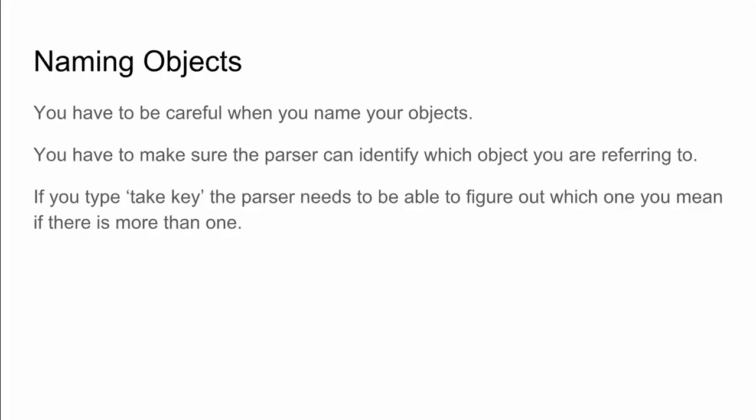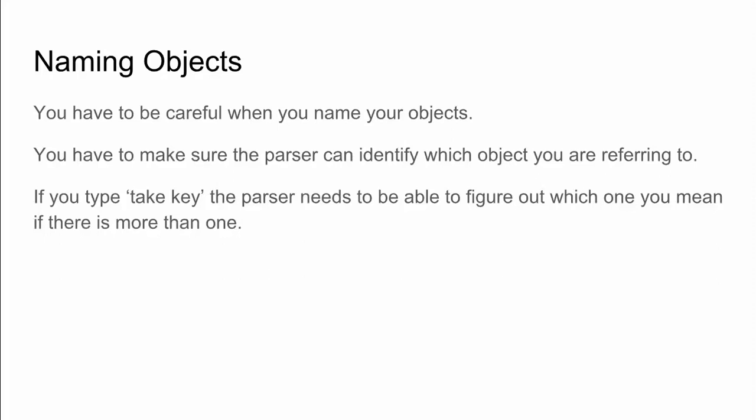All right, what else? Now you have to be very, very careful when you name your objects. You can't be lazy about it because the parser, which is the part of the program that looks at the words you've typed and tries to map those words to specific objects in the game, has to be able to figure out which object you're talking about. So let's say you've got a game and you've got 5 keys, and you shouldn't ever have a game like that.